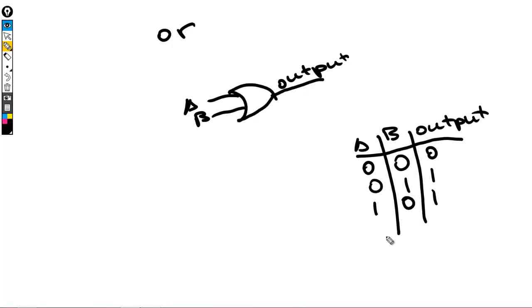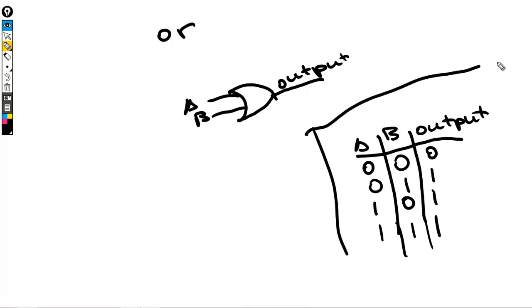An OR gate also has a fourth state because this is a 2-bit input. That means 2 to the power of 2, so 4 possible results. In the OR gate, when both are on, the output is also on. So what we end up with is a truth table that looks like this for an OR gate.